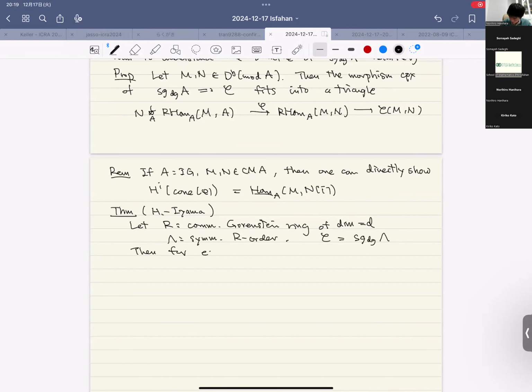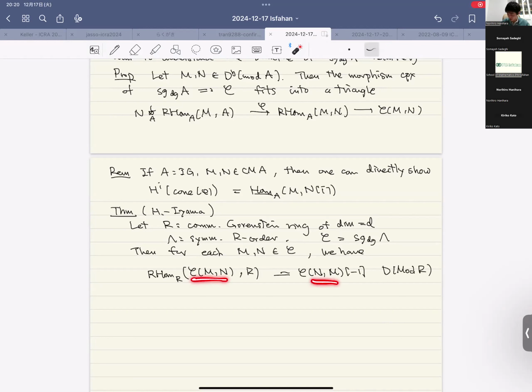Then for each pair of objects in the DG singularity category, we consider the Hom complex and take the dual over R. This would be isomorphic to C(N,M) shifted by -1 naturally in the derived category of R. Both have an R-action, and this is an isomorphism of complexes of R-modules.